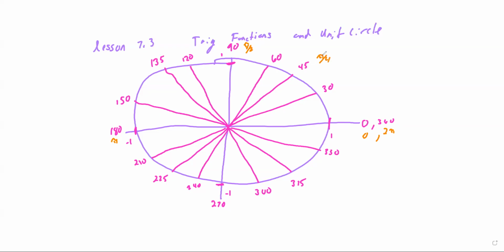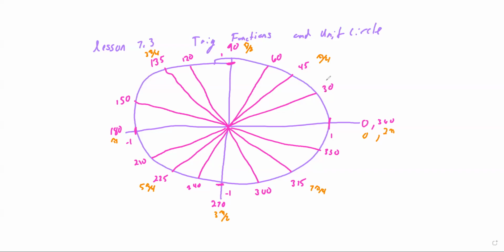So this would be pi fourths, 2 pi fourths, which is pi halves. This would become 3 pi fourths. This would then become 4 pi fourths, which is just pi. This is then 5 pi fourths, 6 pi fourths, which is actually 3 pi halves. This would be 7 pi fourths. And then this would be 8 pi fourths, which is just 2 pi.